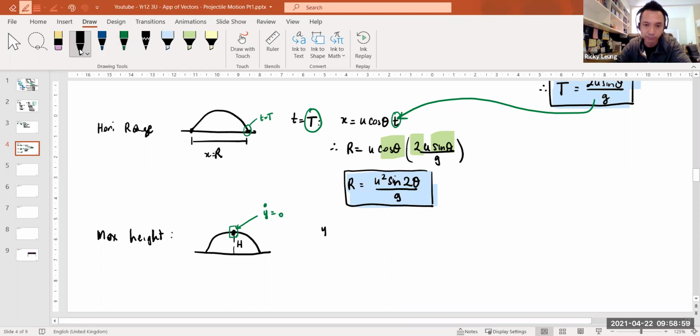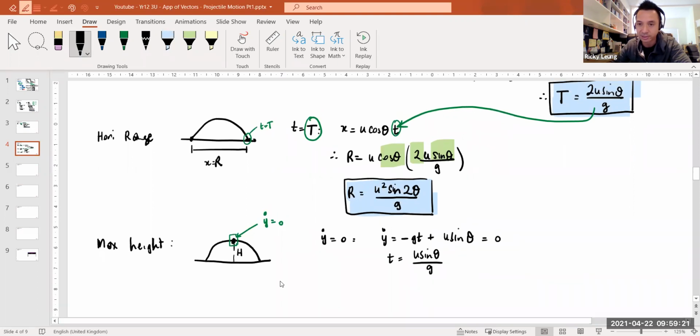So step one, when the vertical velocity is 0. Remember, vertical velocity is equal to minus gt plus u sine theta. If you make t the subject, when this is 0, then t equals u sine theta on g. And guys, look at that. That is exactly the same as the capital T here, the total time of flight, but without the 2, which means it's half, which makes sense.